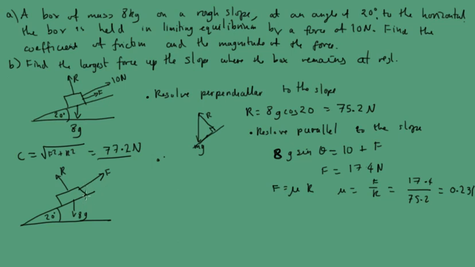Now this time we want to know, if we were to keep applying force, what would be the largest force that we'd be pulling up on this box before it started to move. So this time friction is going to be pulling in the opposite direction.